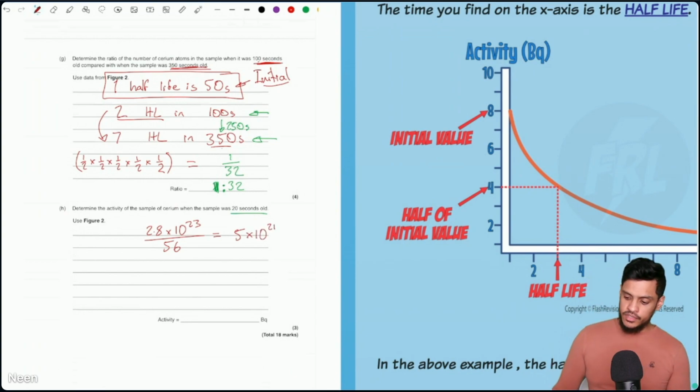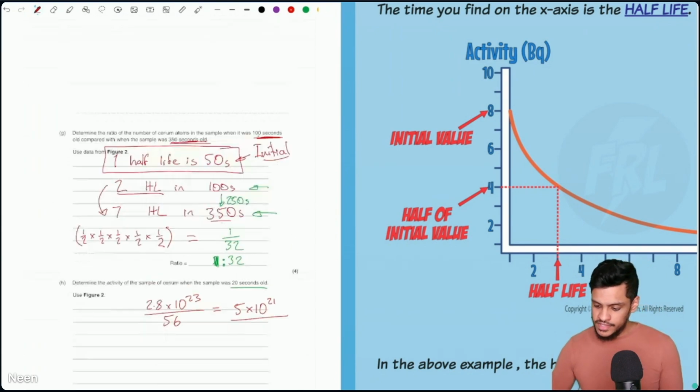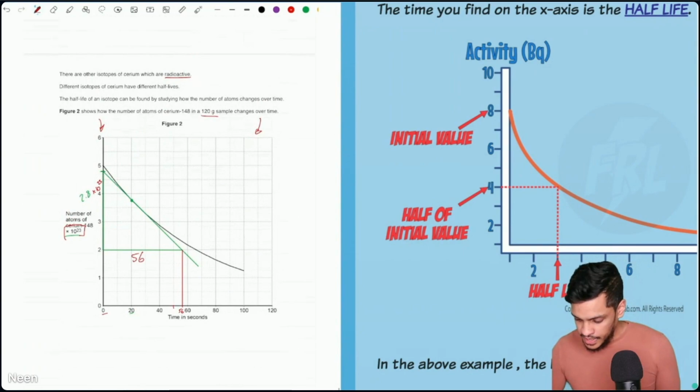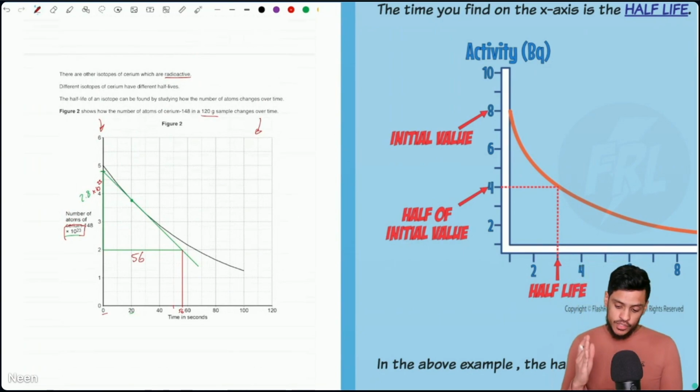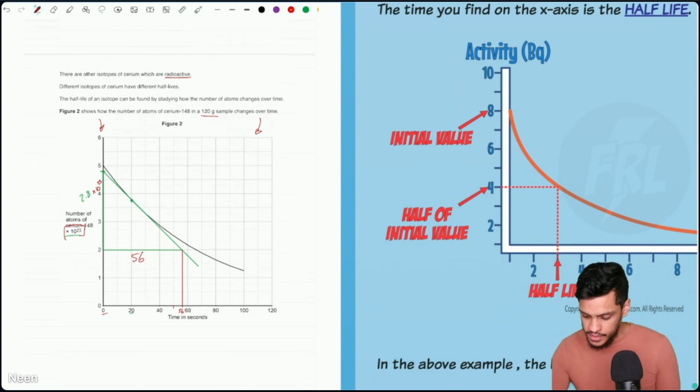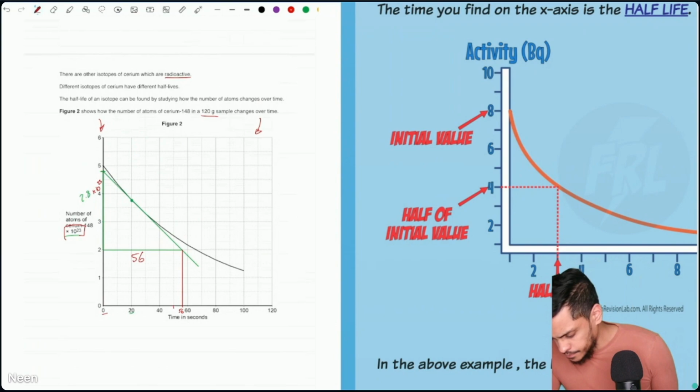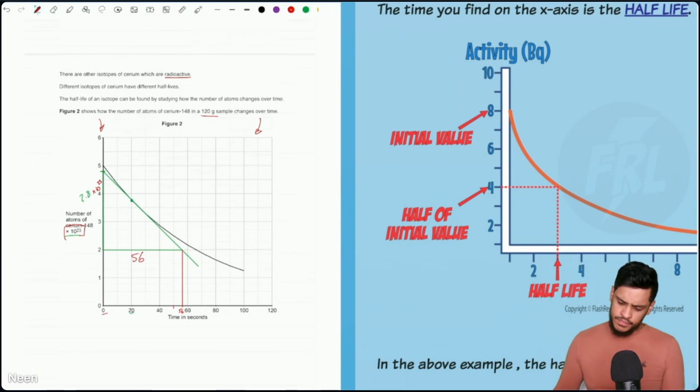I want everyone to try that out yourselves. So try and draw a tangent. Remember, a tangent should just touch that single point, and it needs to have a gradient as close as possible to the gradient of that point. Mine's pretty good.